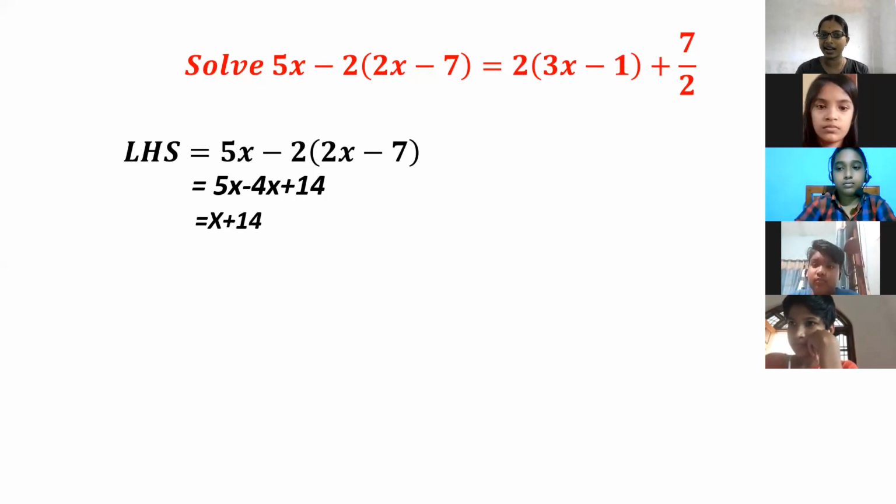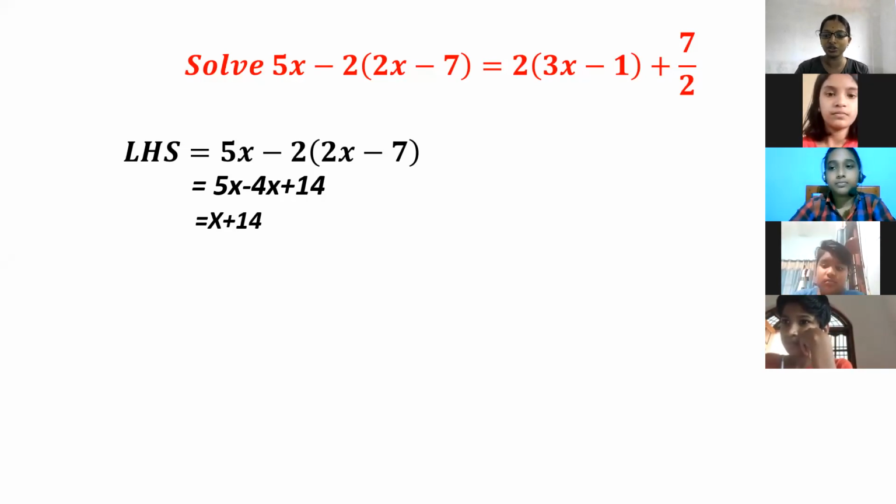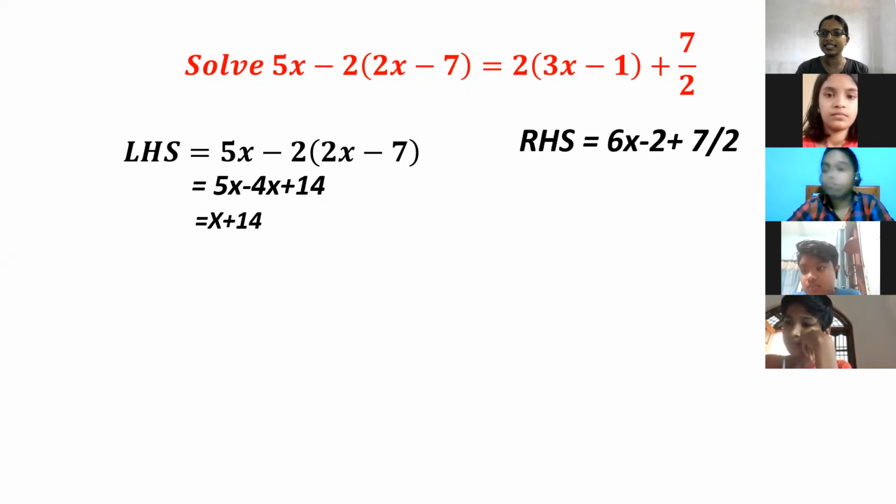So we reduced our LHS to x + 14, and now we are going to reduce our RHS. We know that our RHS is 2(3x - 1) + 7/2.